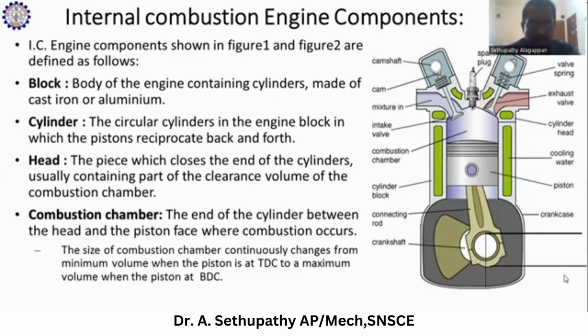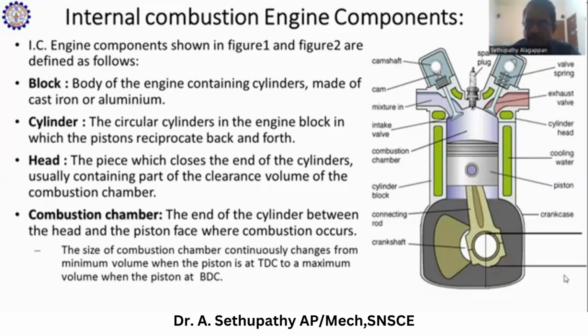Then the combustion chamber, the end of the cylinder between the head and the piston, the space where combustion occurs, where the fuel will be combusted. That area is called the combustion chamber. The size of the combustion chamber continuously changes from minimum volume when the piston is at TDC. TDC means the piston is at top dead center.